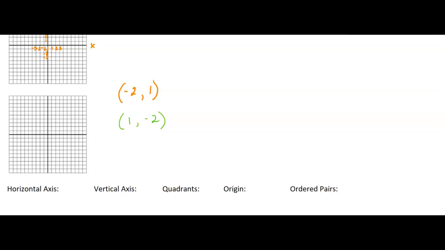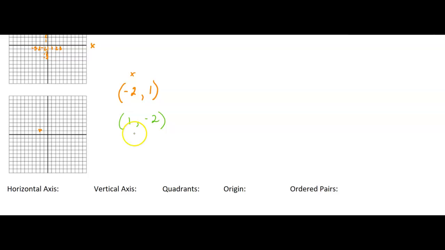Okay, so the first one, -2, so you move on the x-axis first, so horizontally first, so go -2 and then up 1. And I'm drawing a dot there. That would be the point, pretend like it's round, that would be the point -2, 1.